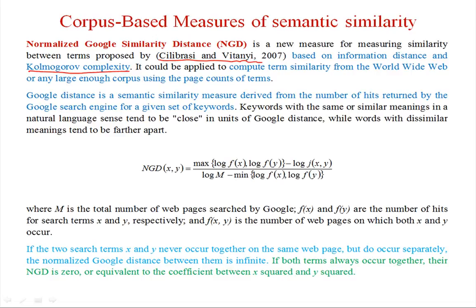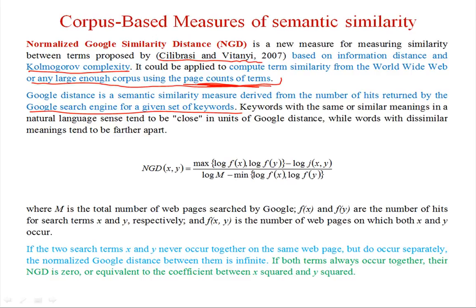It can be applied to compute term similarity from the World Wide Web or any other large enough corpus by using the page counts of the terms. This is an important part. Google distance is a semantic similarity measure derived from the number of hits returned by the Google search engine for any given set of keywords.